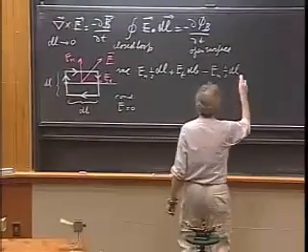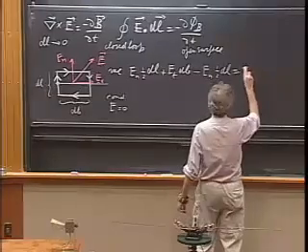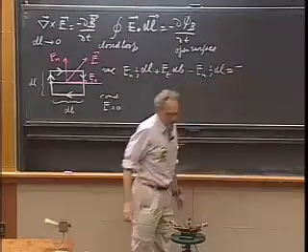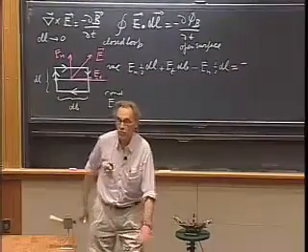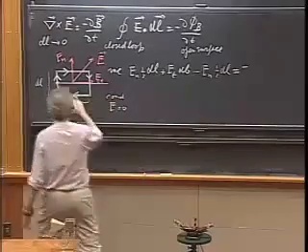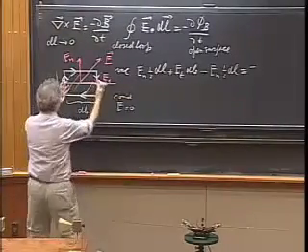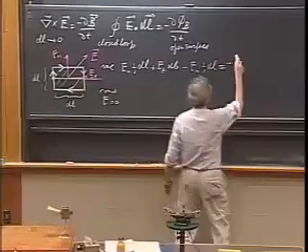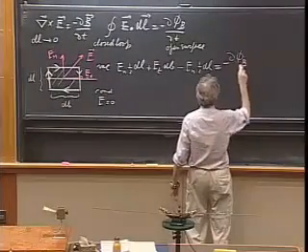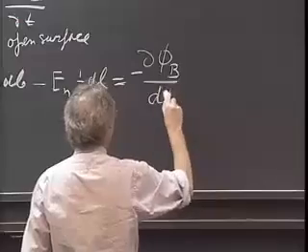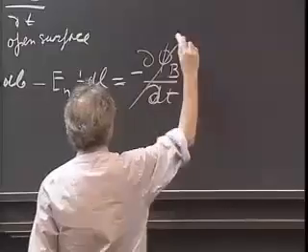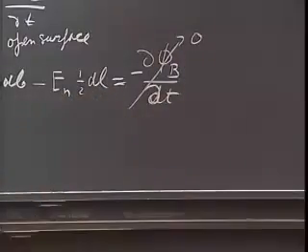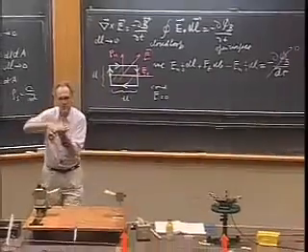So this now becomes minus the change of the magnetic flux through that surface, this surface if you wish, or a surface that bulges out in the audience, I don't care. It is minus d phi B dt. And that goes to 0 because I'm going to make dl 0, so there is no surface left.